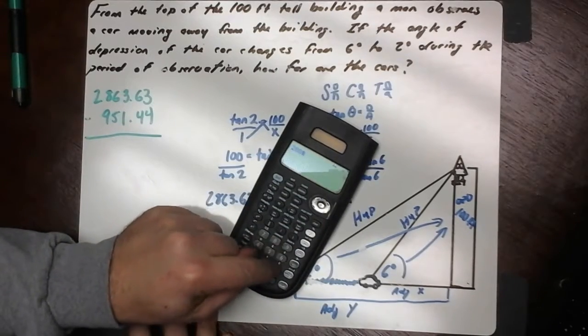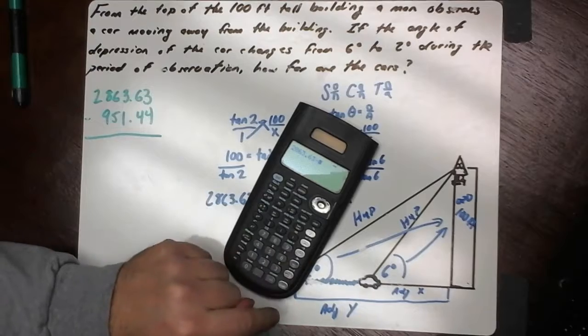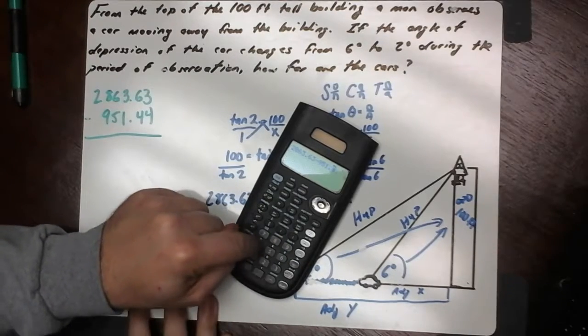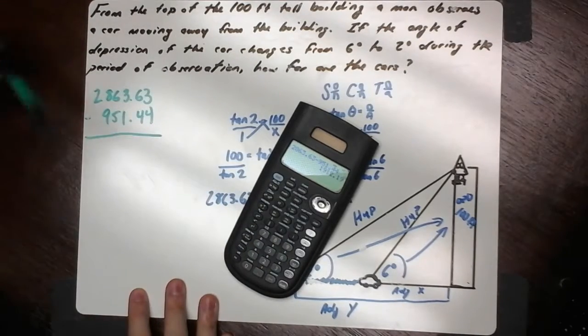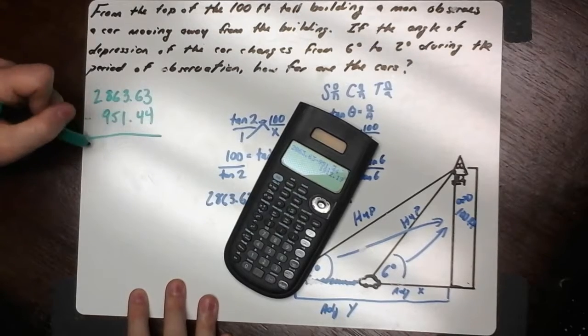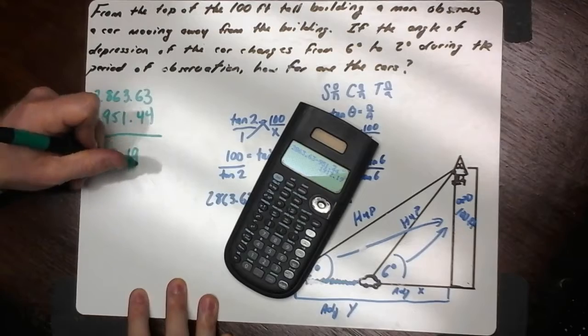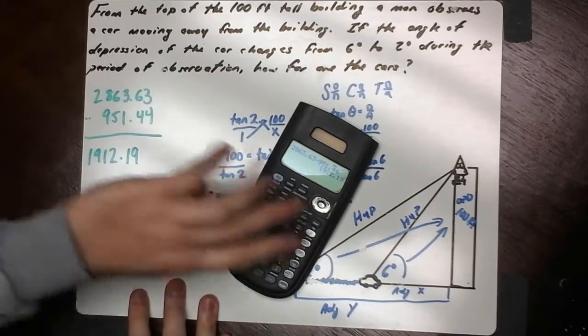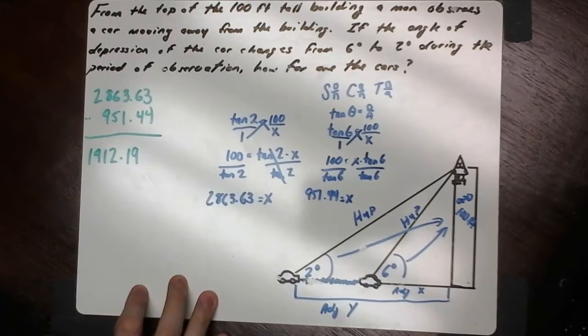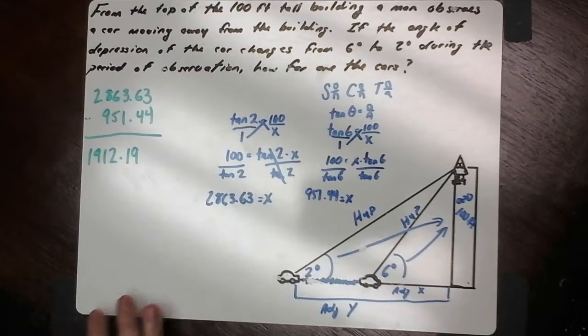So 2863.63 minus 951.44. And I get 1912.19.